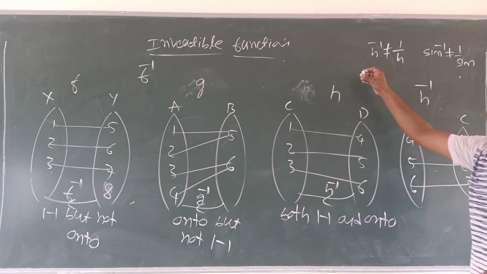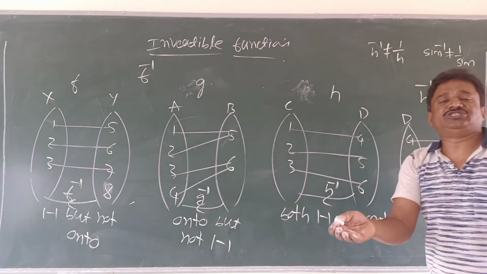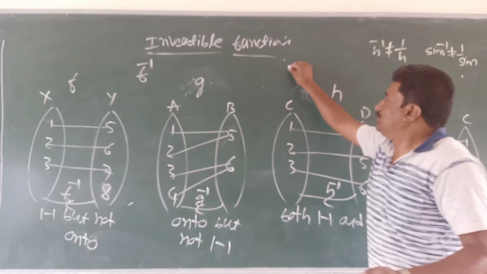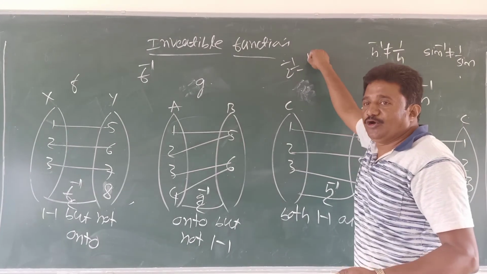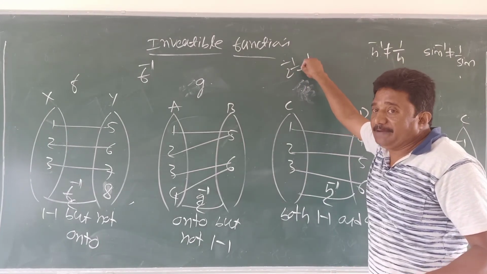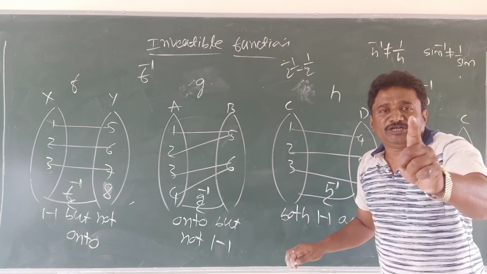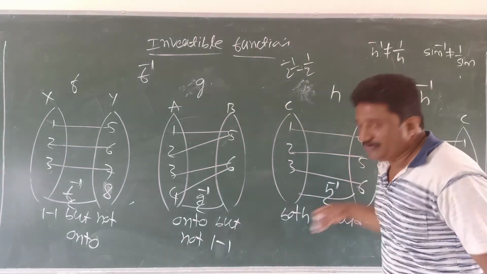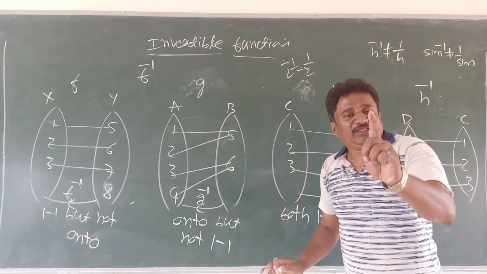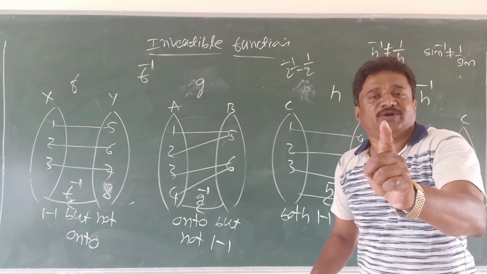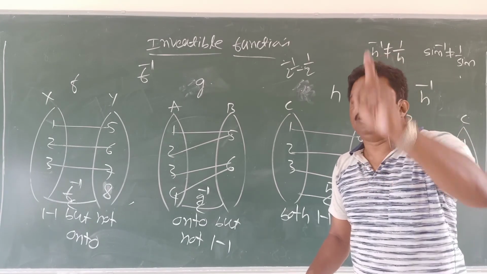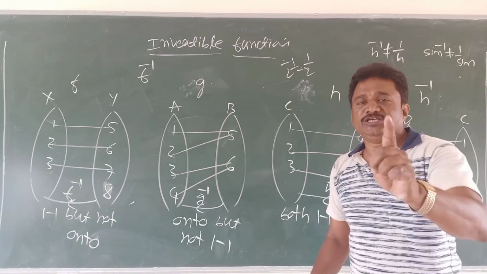Usually in the number system, if it is 2 power minus 1, we write 1 by 2. In the number system this is correct. But in functions, inverse function means reverse function. When can that function be reversed, students? If it is both one-one and onto, if it is a bijective function.